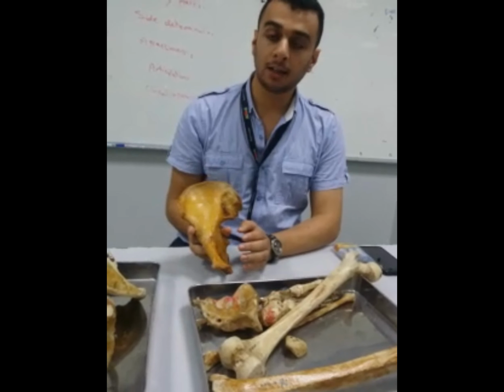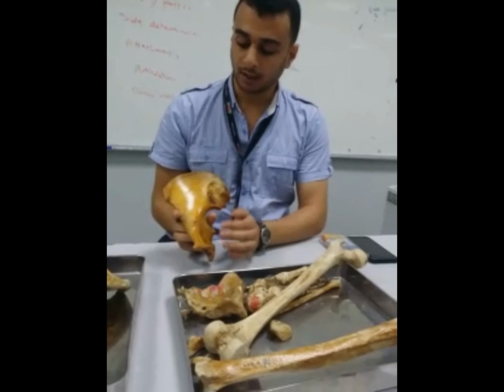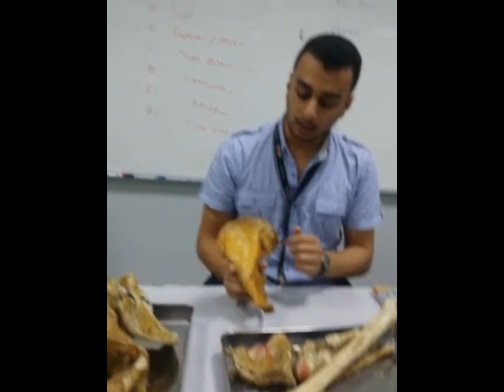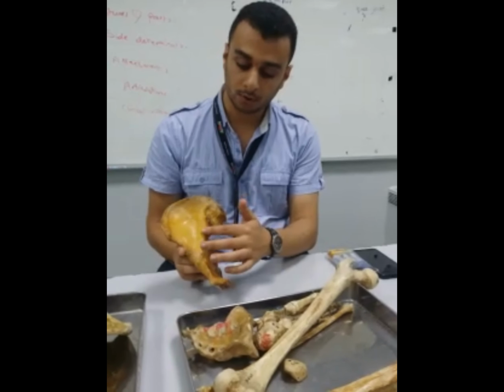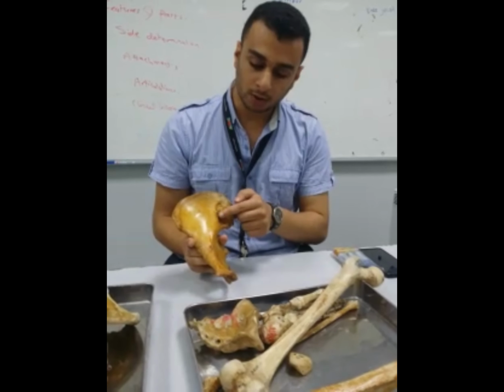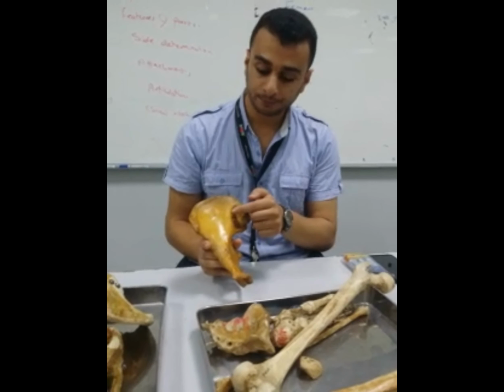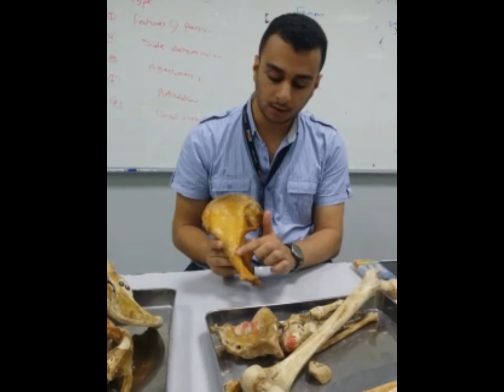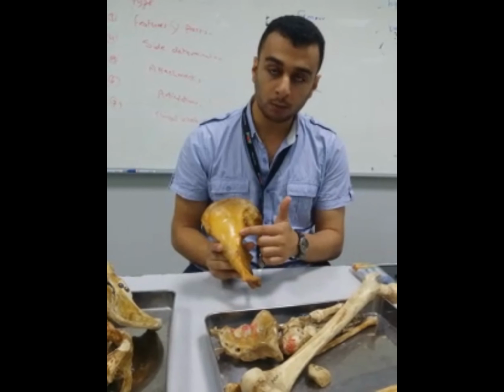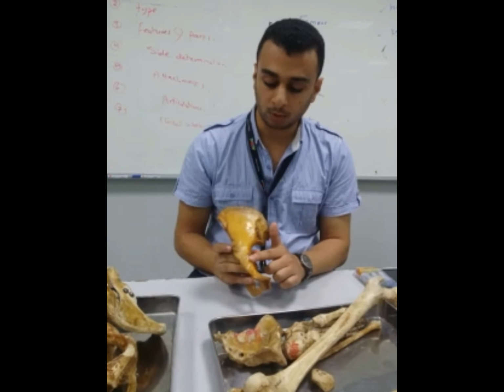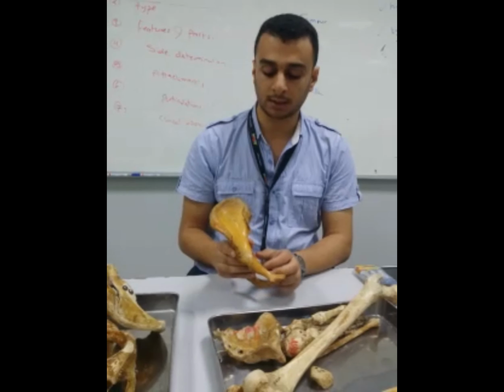Then we have the inner, or pelvic, surface. You can see it is a little bit smooth, and it contains the iliac fossa and the articular surface which articulates with the sacrum. There is also an eminence or line we call the iliopectineal line, or iliopectineal eminence.